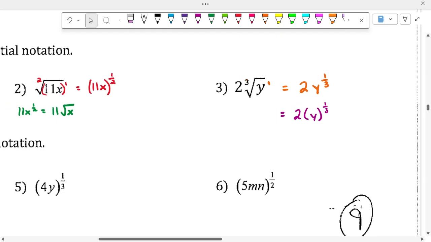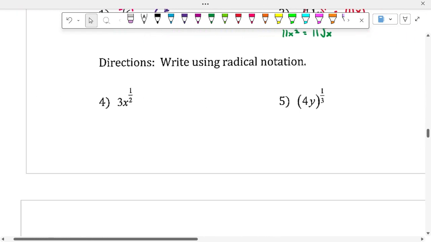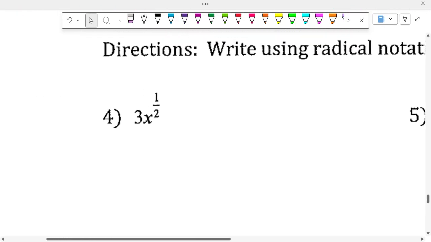Now, let's go in the opposite direction. So let's convert to radical notation. First off, the 1/2 exponent is only connected to which base? The x. So if it helps, stick that x in parentheses.